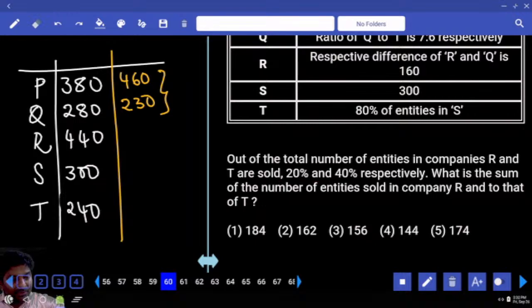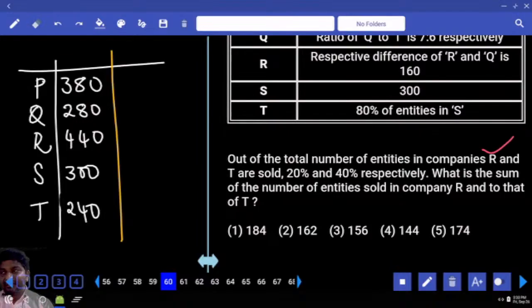Out of total number of entities in companies R and T, 20% and 40% respectively are sold. What is the sum of number of entities sold in companies R and T? First one is R, second one is T. R 20%, which is equal to 88.